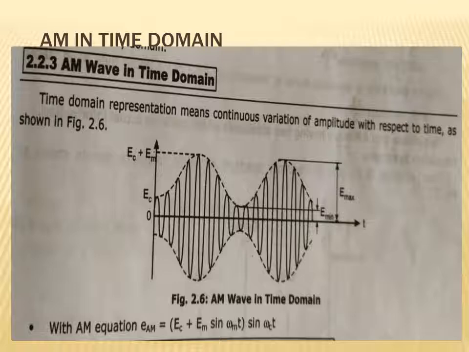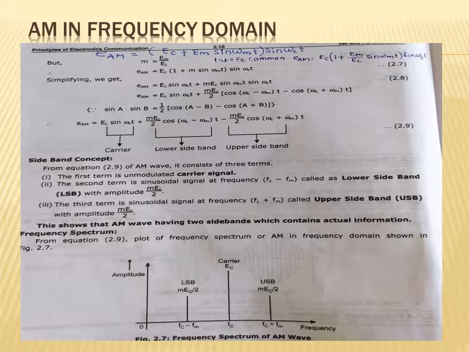Next one is the AM in the frequency domain. Now we will see how AM is represented in the frequency domain. For that purpose, you have to take the EAM equation, the mathematical equation of AM: EAM is equal to EC plus EM sine of omega MT into sine of omega CT. From this you have to take EC common. So the equation is EAM is equal to EC into 1 plus EM by EC sine of omega MT, into sine of omega CT.